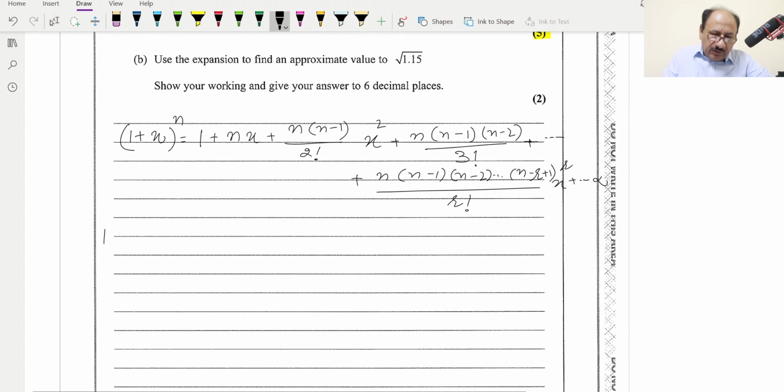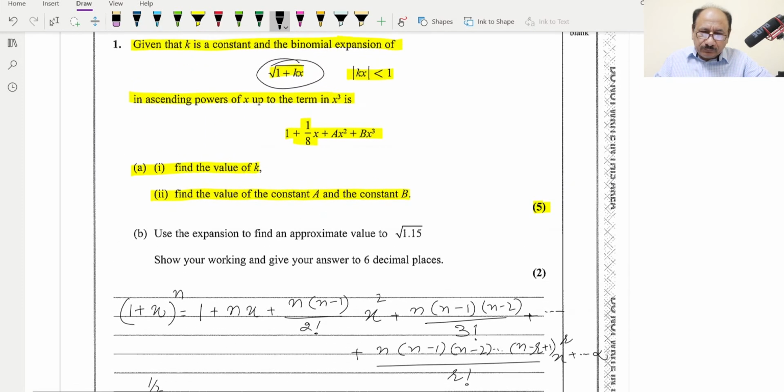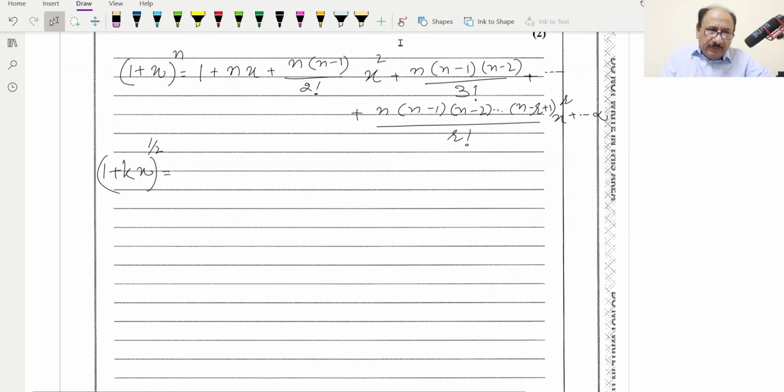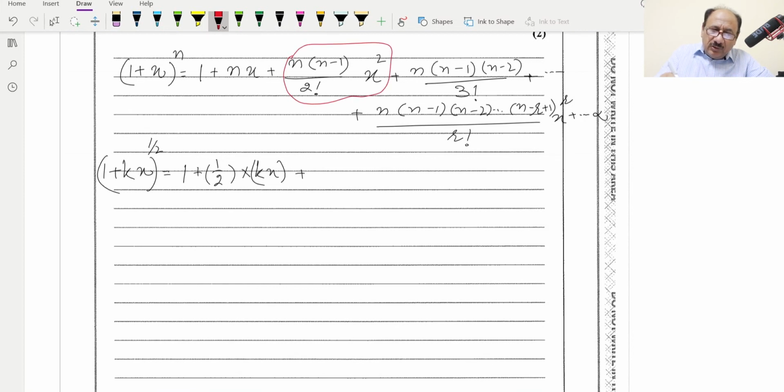So we write 1 plus kx raised to the power 1 by 2, and in this expansion we need the first 3 terms, basically up to the term in x cubed. So the first term will be 1, plus n, where n is 1 by 2, into kx, so we write kx, plus the next term we will be replacing now.